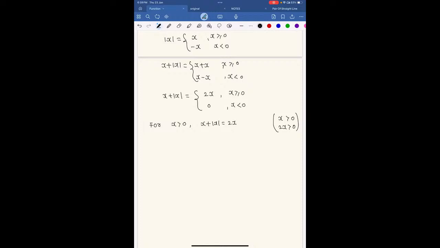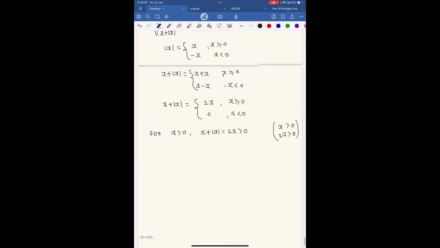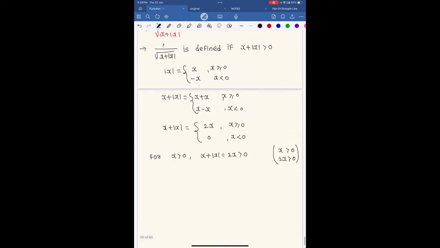So x plus mod of x काय आलं 2x आणि जर x greater than 0 आहे so 2x greater than 0 आहे so x plus mod of x पण काय असेल strictly greater than 0. So x plus mod of x strictly greater than 0 कधी पॉसिबल ज्यावेळेस x greater than 0 असेल. So आपल्याला इथे x greater than 0 सोल्युशन मिळालं.